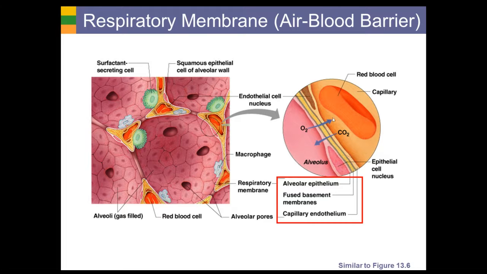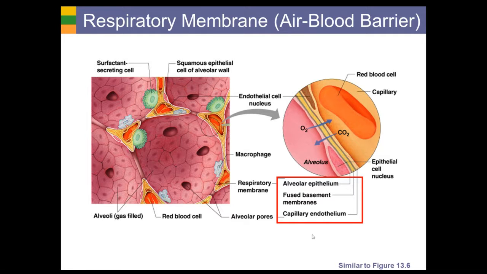This has to be a very, very thin membrane in order for oxygen and carbon dioxide to diffuse across. And notice they share a common basement membrane, and it is across that very thin layer of tissue that we get the exchange of oxygen and carbon dioxide. And again, this is referred to as the respiratory membrane. Sometimes it's referred to as the air-blood barrier, but it's not something that I refer to.